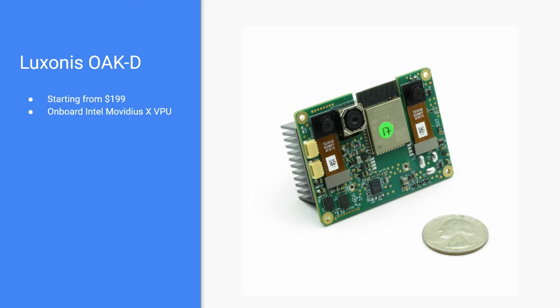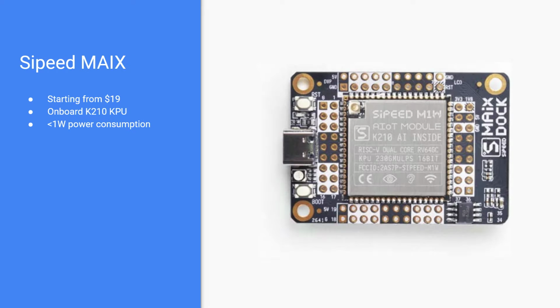Here's another cool board called the Luxonis Oak D. This starts at $200 and has an onboard Intel Movidius X vision processing unit. This board also has some other cool features. It has a 4K 60Hz camera and two stereoscopic depth cameras that run at 120 Hz with a global frame shutter. This is a very specialized board and you can do a lot of cool things with it.